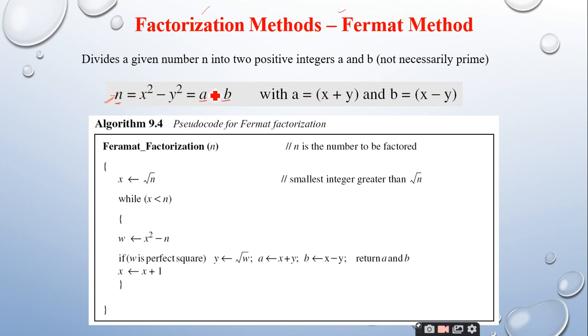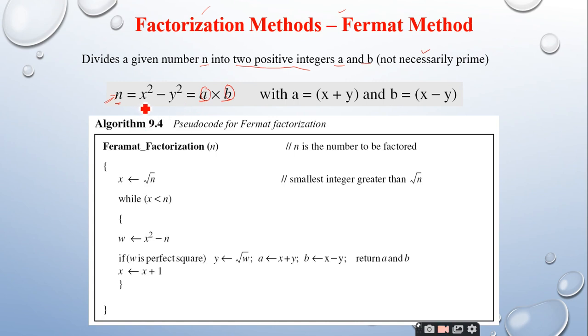But this is not that easy. So Fermat divides the given number n into two positive integers a and b, and remember that they are not necessarily prime. He expressed n in such a way that n is equal to x square minus y square.